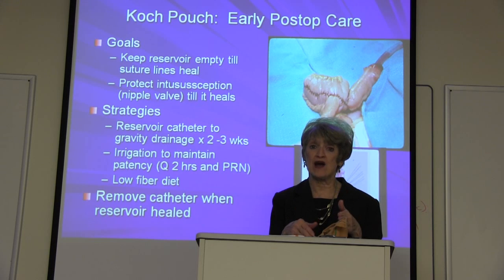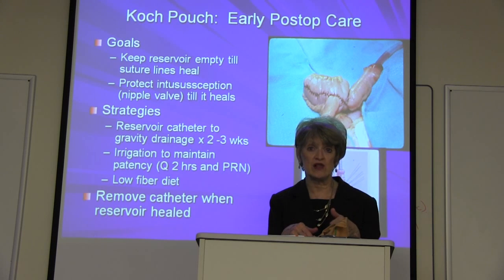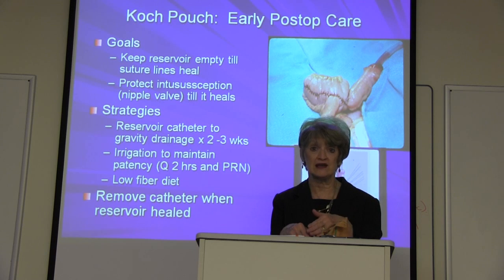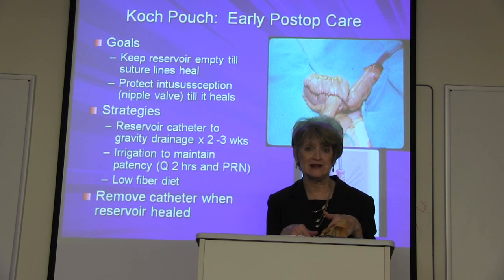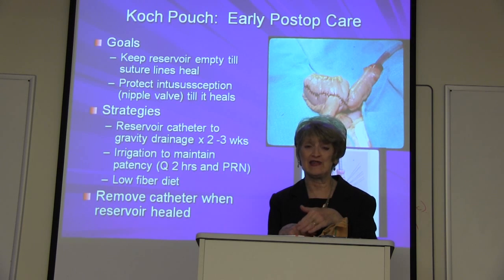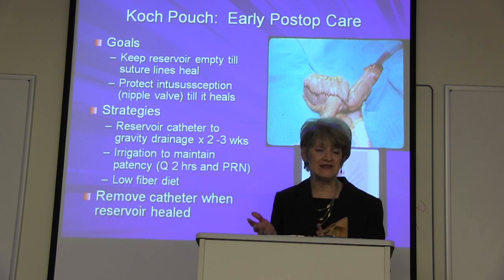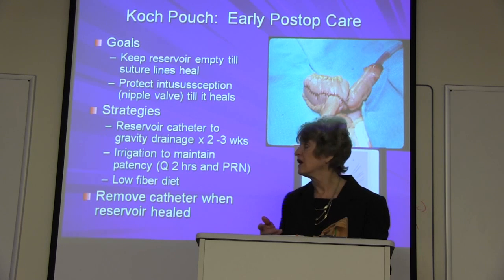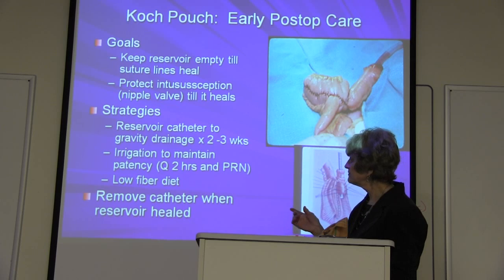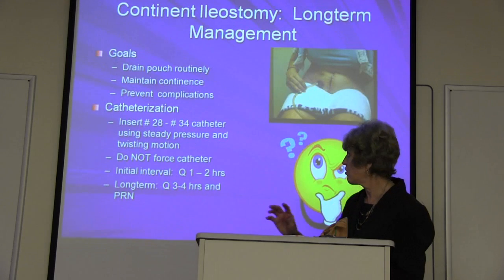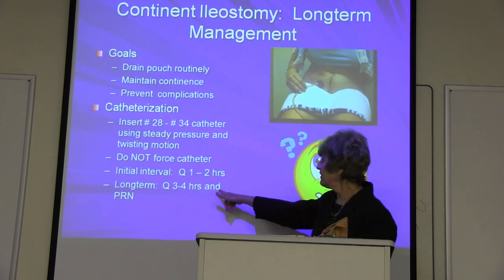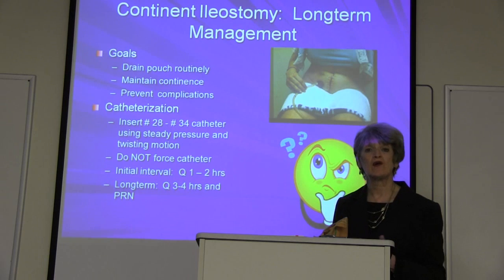They're going to be catheterizing at 10 o'clock, at 12 o'clock, at 2 o'clock, at 4 o'clock, at 6 o'clock, at 8 o'clock, at 10 o'clock, at 12 o'clock, at 3 a.m., at 6 a.m. for the first week. The second week, they extend the interval. Third week, they extend again.